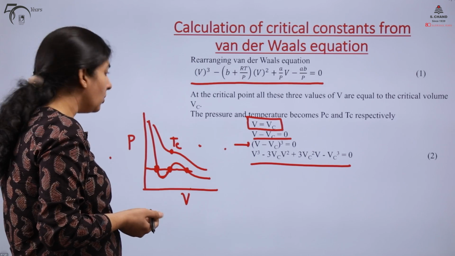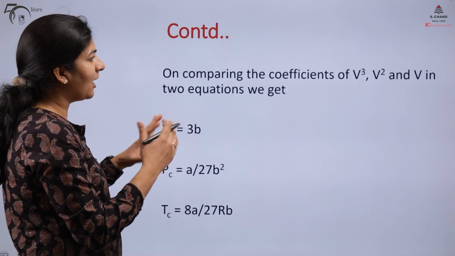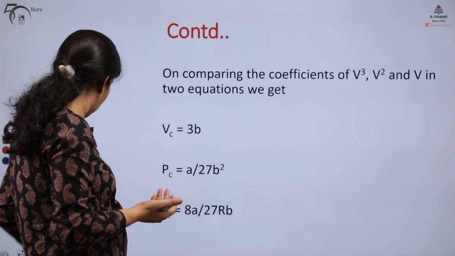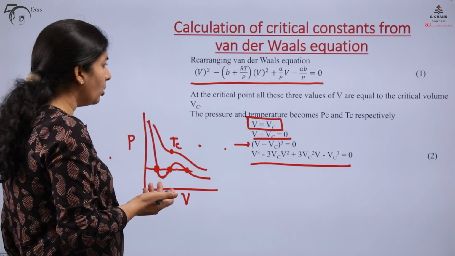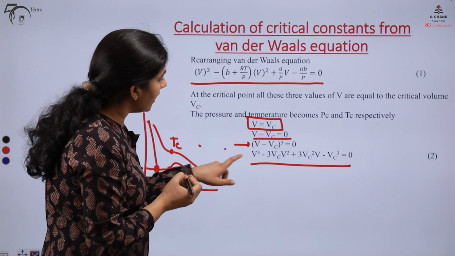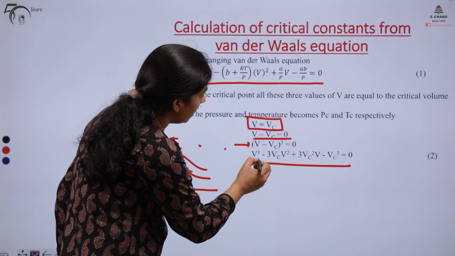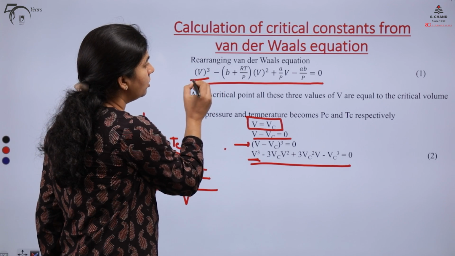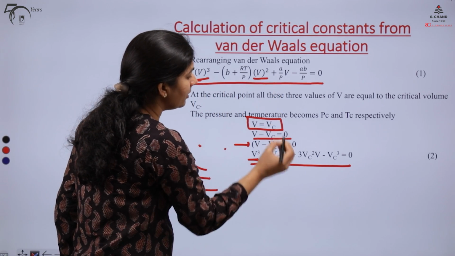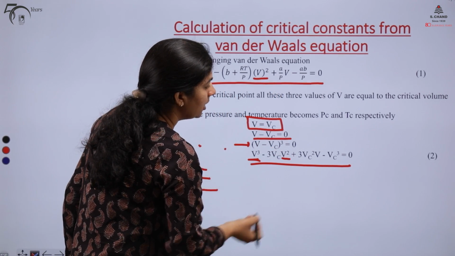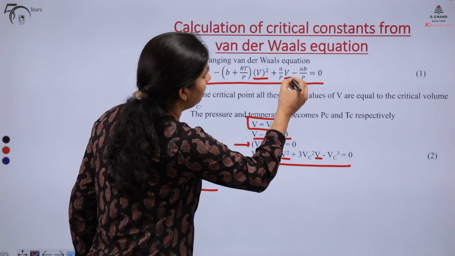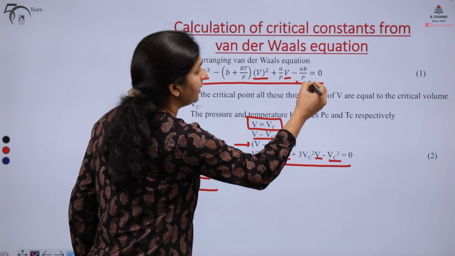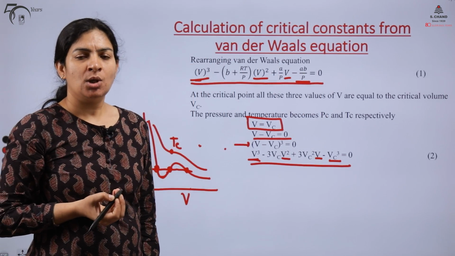Nothing special, we just have to compare the coefficients in the 2 equations. Here we have V cube, here we have V cube; V square here, V square here; V here, V here; and we have a constant term over here. So what do we do?